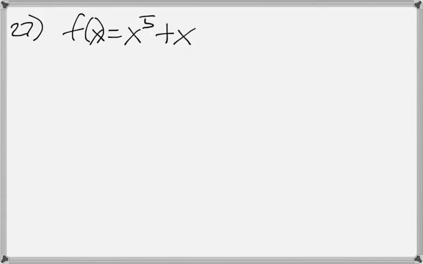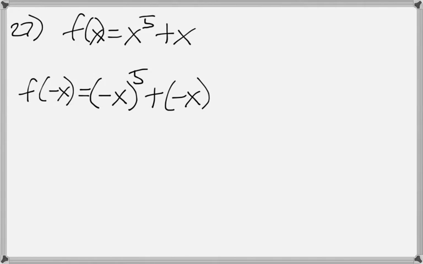So for 27, our function is f of x equals x to the fifth plus x, and we're asked to determine if it's even, odd, or neither. So it is possible to not be even or odd. I want to plug in a negative x, which means wherever I see an x, I'm plugging in negative x instead.